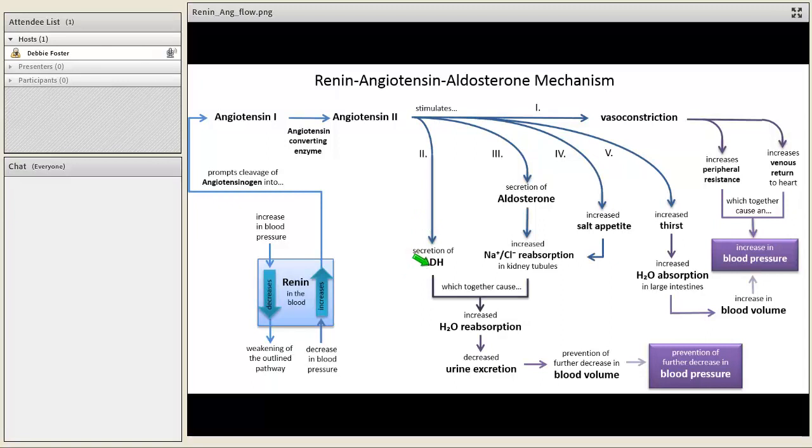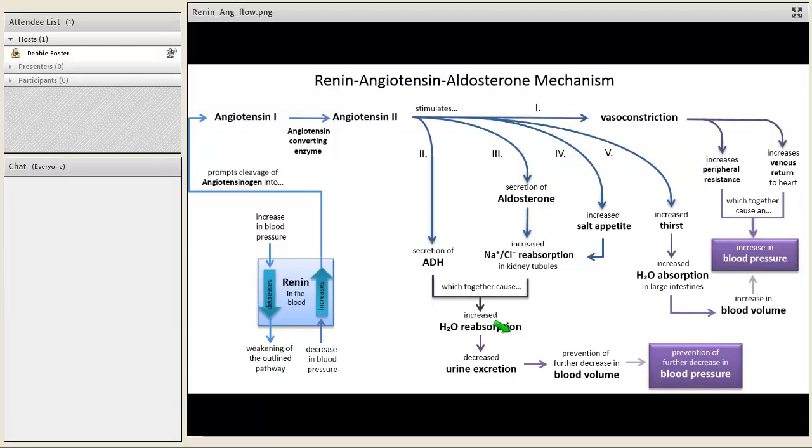It's also stimulated by changes in osmolality. But right now you can just know that angiotensin 2 stimulates ADH, which increases water. It also stimulates aldosterone. Aldosterone comes from the adrenal gland, from the cortex, and it also increases water by virtue of increasing sodium, which we'll learn more about once again in the urinary system.